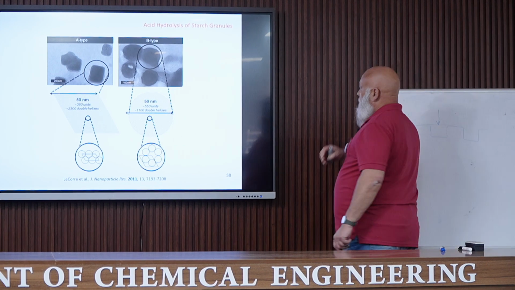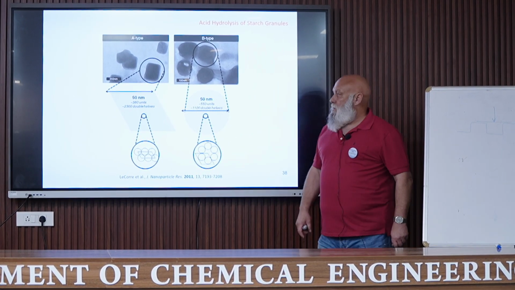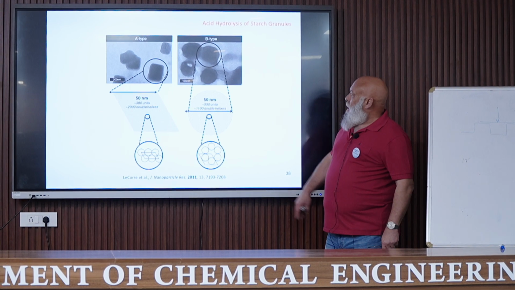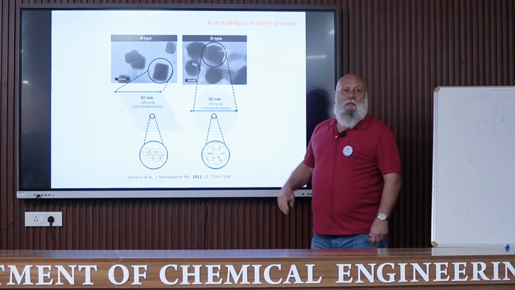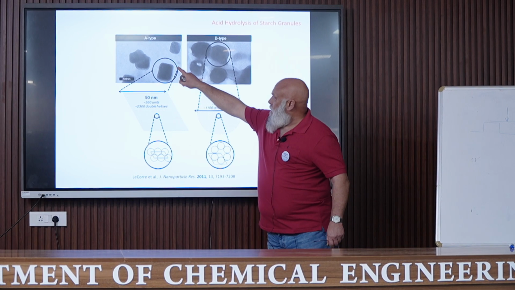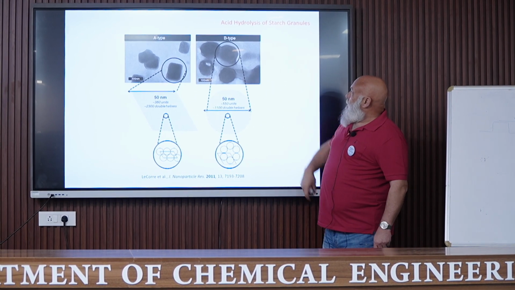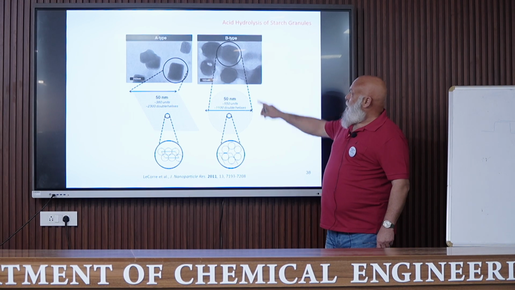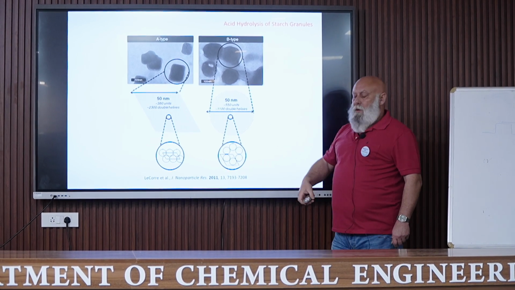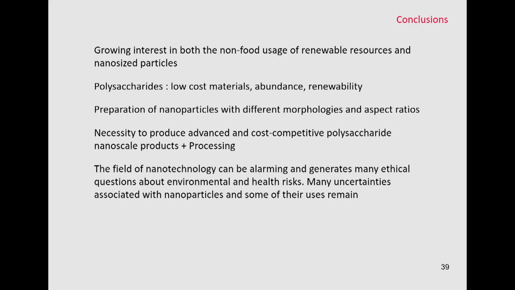In fact, we have a different crystalline organization of these different starches, and you can see that it results in different shapes for the starch nanocrystals. So they are more square in the case of A-type starch, and in the case of B-type starch, it's more like spherical particles. So I think it's time to conclude.